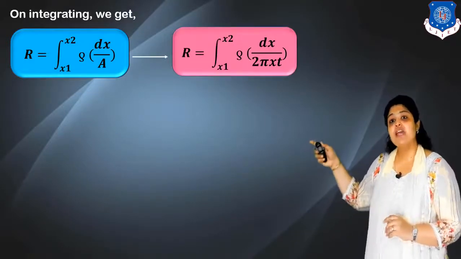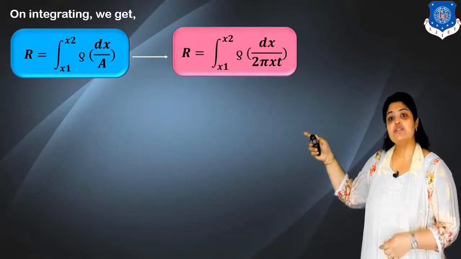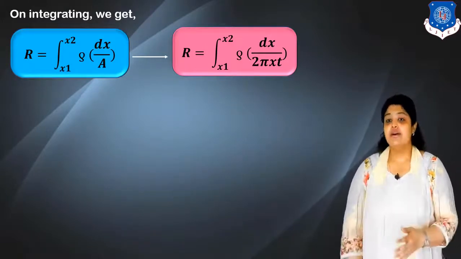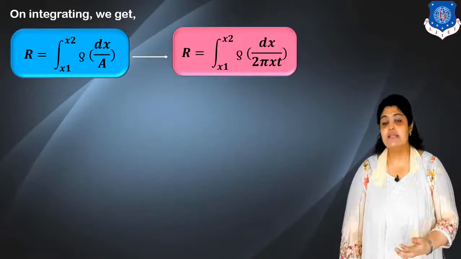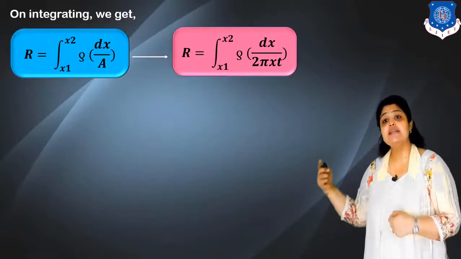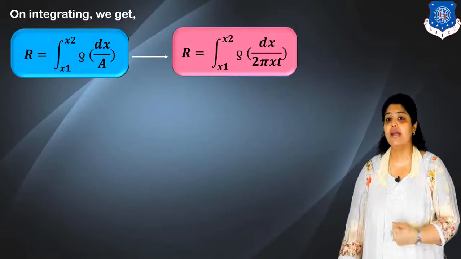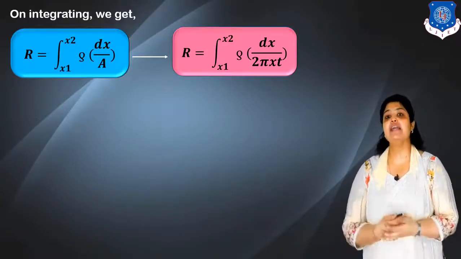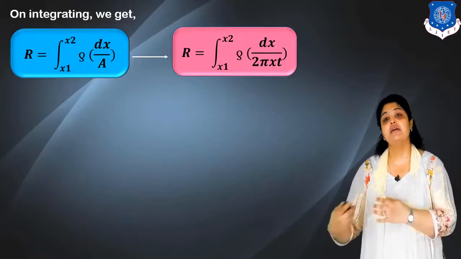So r will be equal to integration x1 to x2 rho dx upon 2 pi xt. Here again we take out constant terms and we integrate. So the constant terms here are rho upon 2 pi t. They are taken outside the integration limit, and then we have integration of 1 upon x dx.